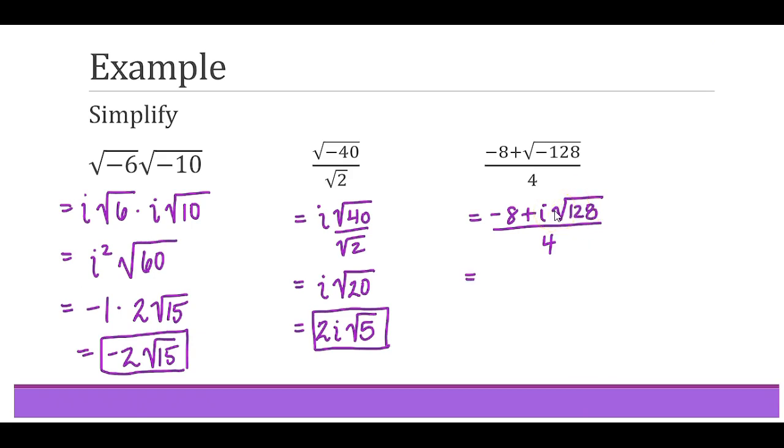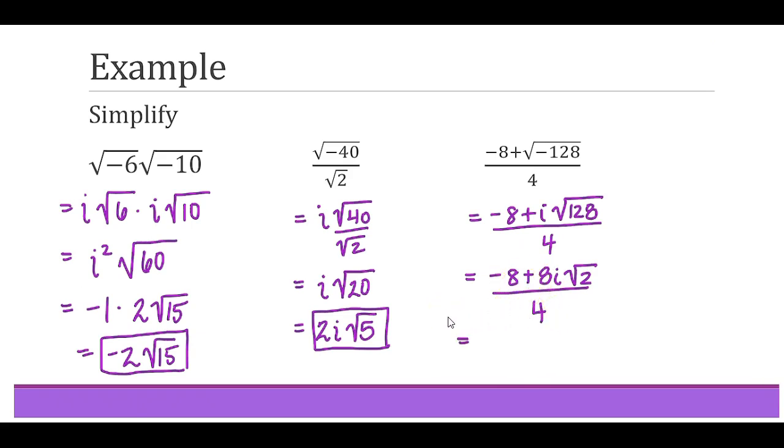So I'm going to end up with negative 8 plus 8i. I'll put the 8 first. 8i, and then the square root of 2 all over 4. And now there is some simplifying we can do. I can't cancel like this, this 8 and this 4 here. What I can do is I can split it up.